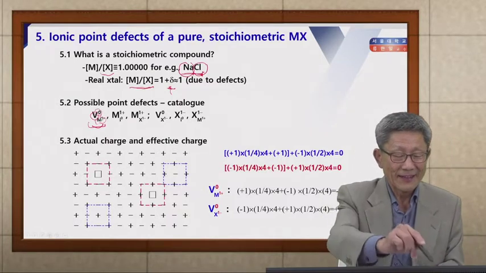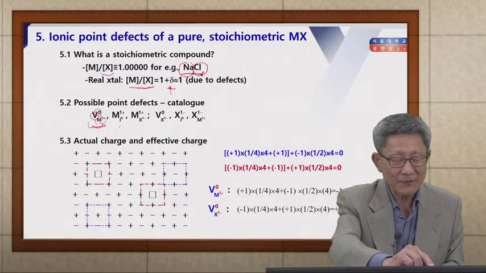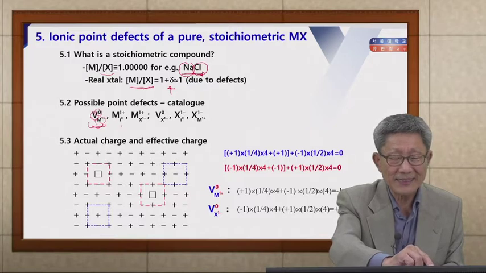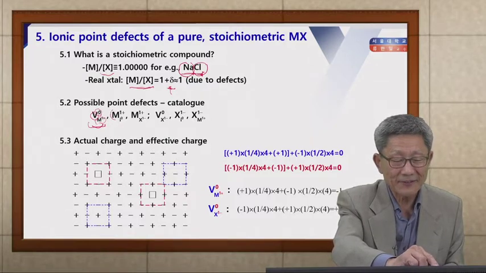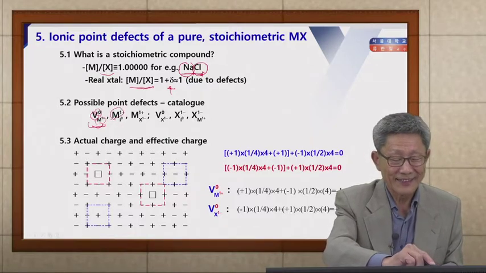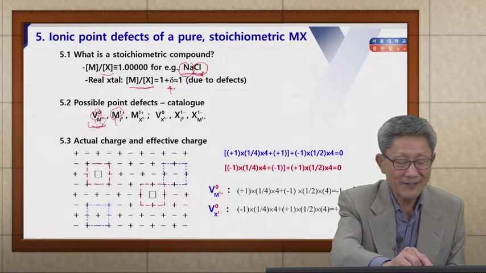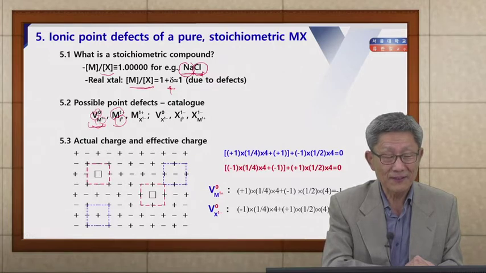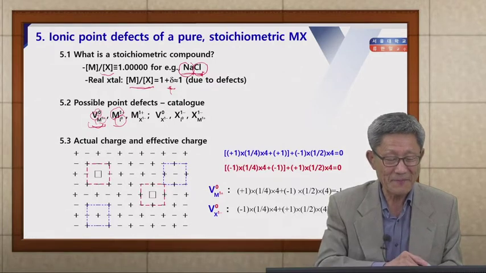Okay. The second defect, which is possible, is the interstitial cation on interstitial site. This cation is singly charged. Its location, namely its site, is interstitial site, so whose charge is just 0. Okay?